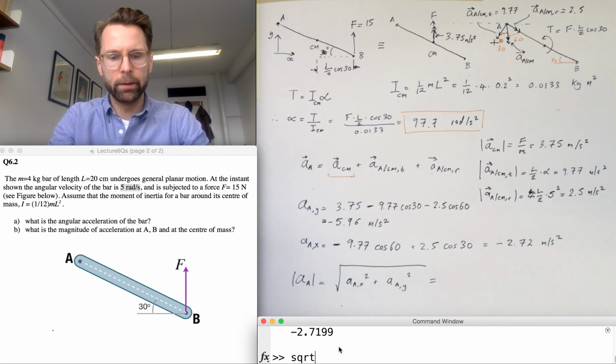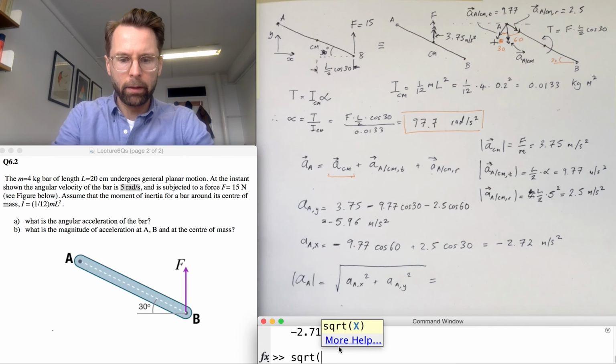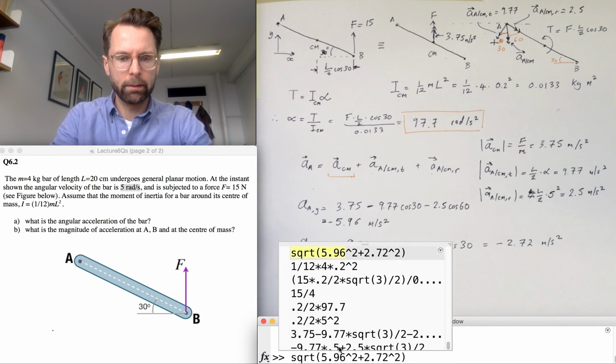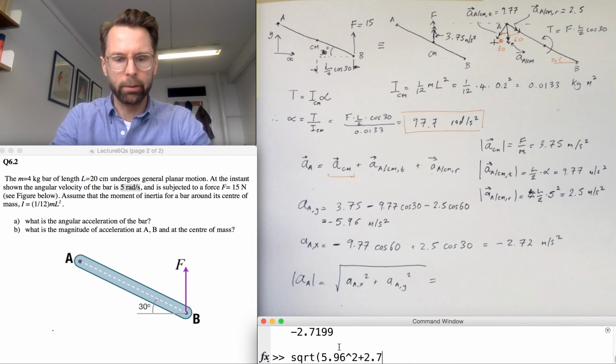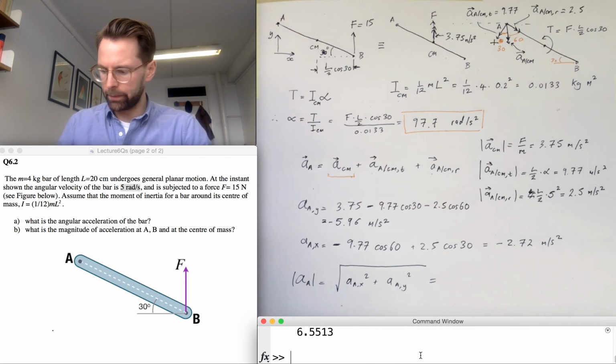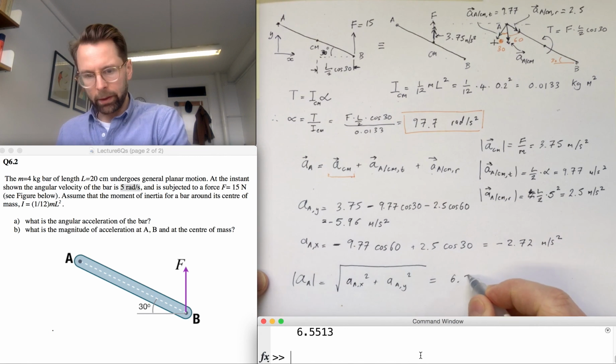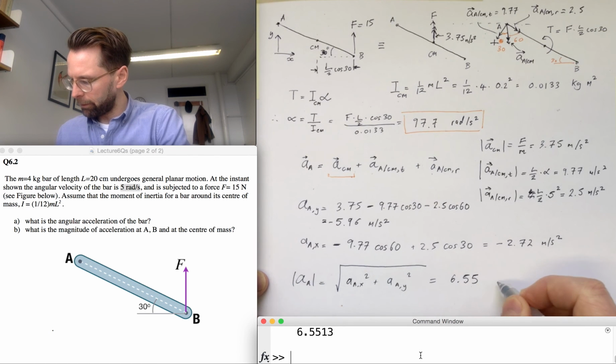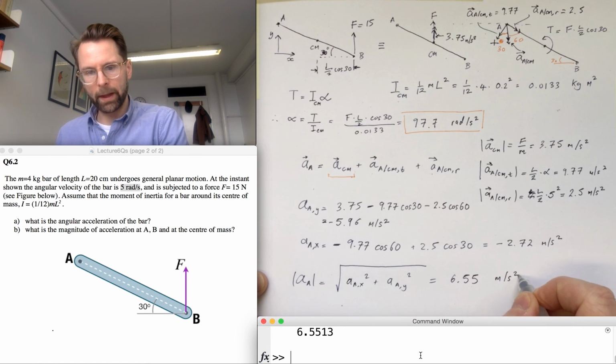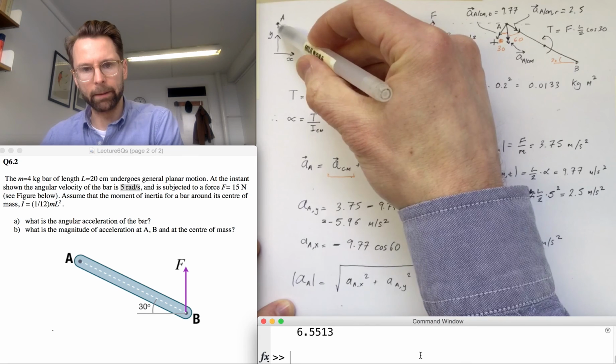Square root of 5.96 squared plus 2.72 squared equals 6.55 meters per second squared. So that's the magnitude of the acceleration of A here.